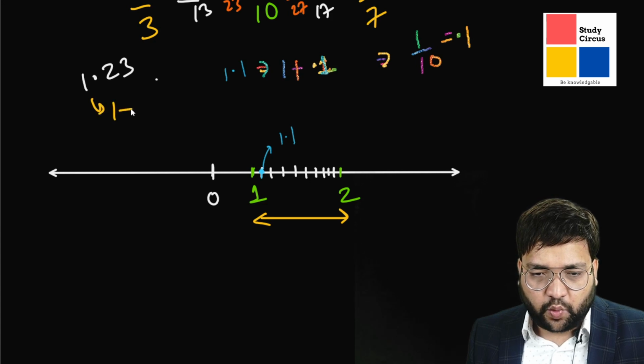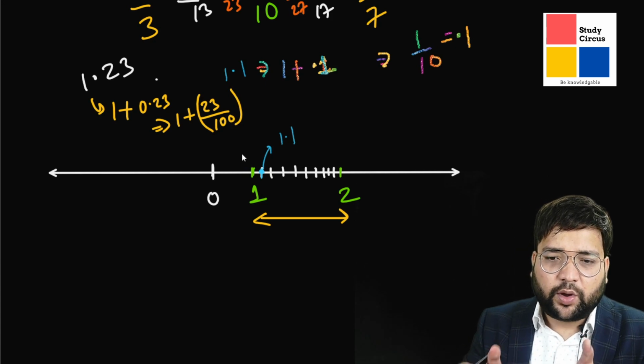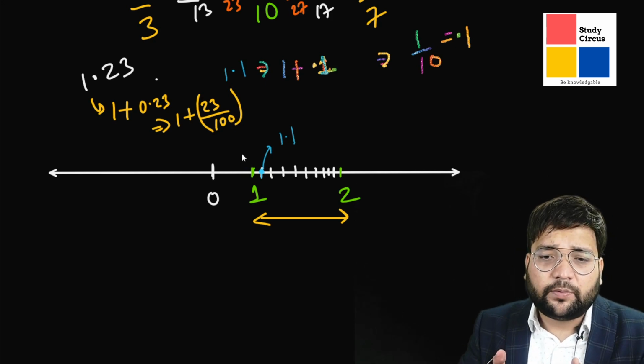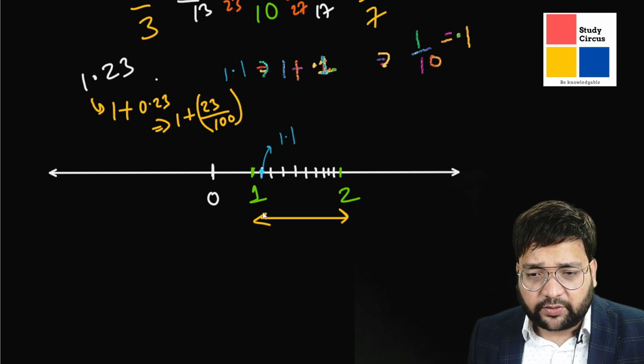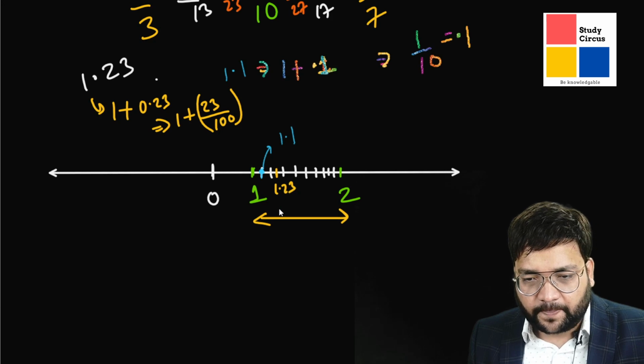This is what? 1 plus 0.23, that is 1 plus 23 upon 100. So the separation between 1 and 2, divide in 100 equal parts, take 23 parts out of that. So let's say somewhere it will be here, 1.23, right?